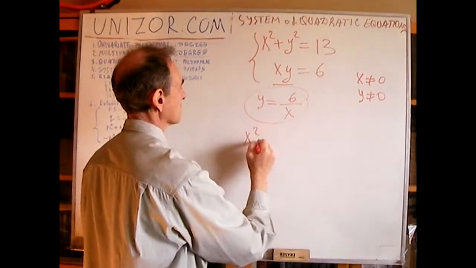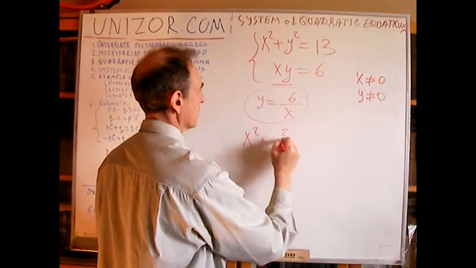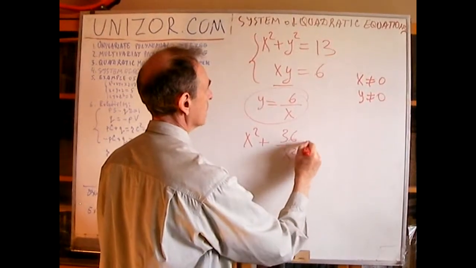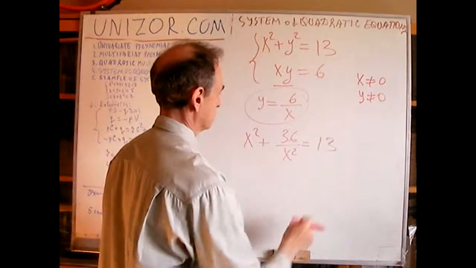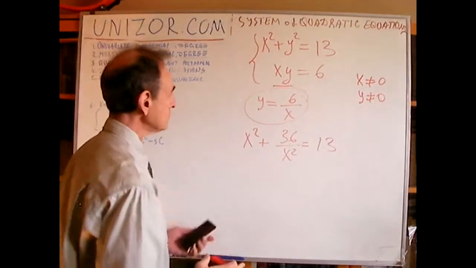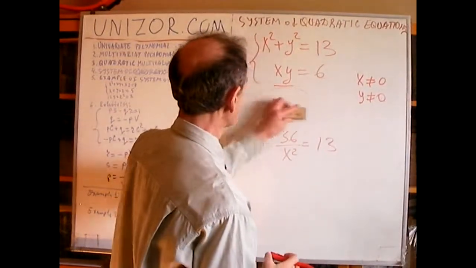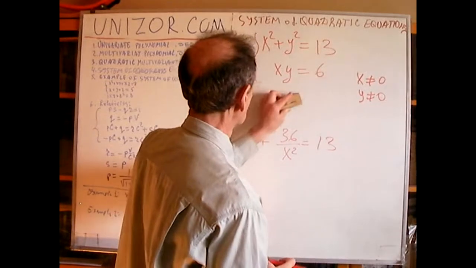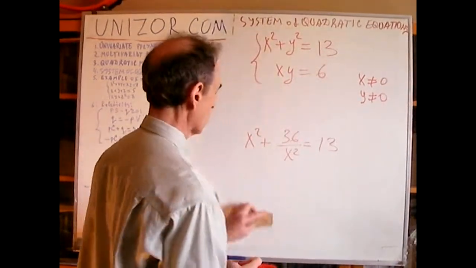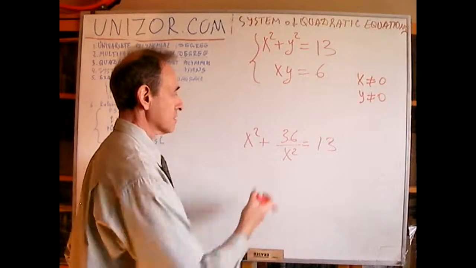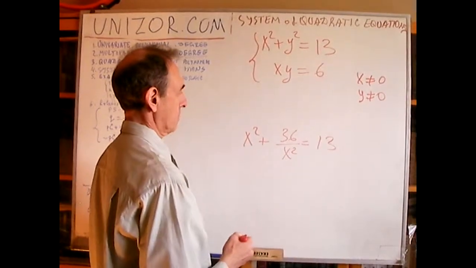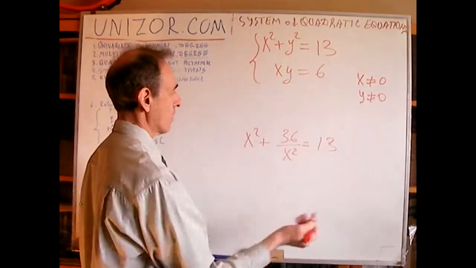So what do I have? x squared plus 36 over x squared equals 13. Okay? What is this equation? Well, it's not quadratic, that's for sure. Well, let's do something about this equation. I will multiply by x squared, both parts.